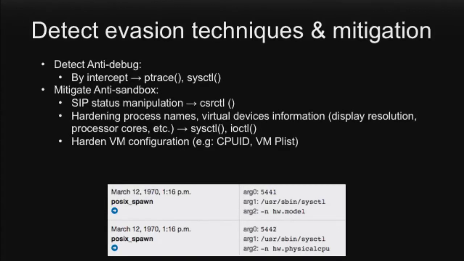We also patch all of that. And we patch the configuration of the monitored machine to mitigate these techniques, for instance to patch the CPU ID or the virtual MAC address footprint.